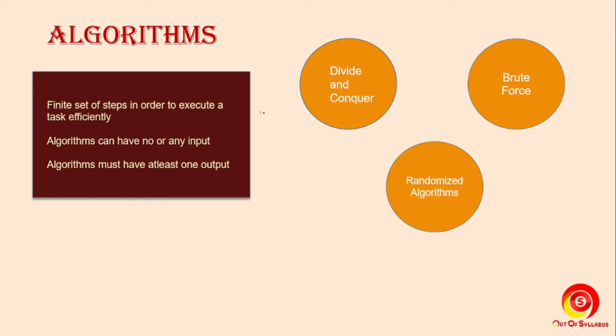As I said before, it is a set of steps to execute a task efficiently. Algorithms can have zero or any number of inputs, either one or more, or zero input as well. But algorithms must produce at least one output. Why? Because without output, there is no use of writing a code.